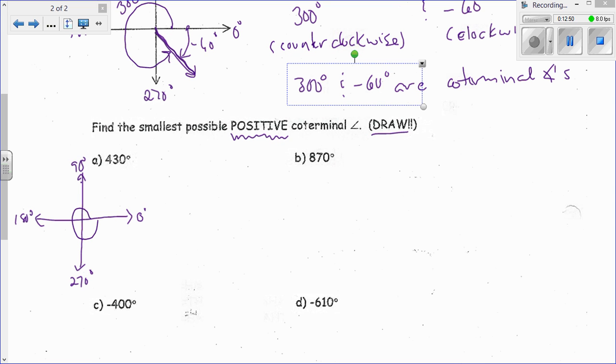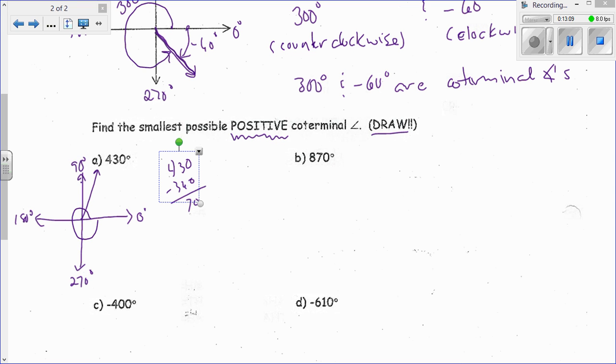So in order to go 430 degrees, I have to figure out how much farther I need to go. So if I take 430 and subtract from it 360, I will get 70. So I have to go 70 more degrees, and 70 more degrees will leave me in quadrant 1, approximately there.